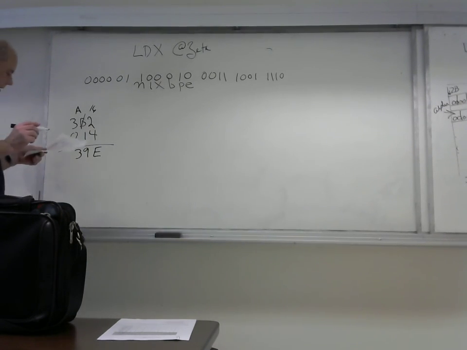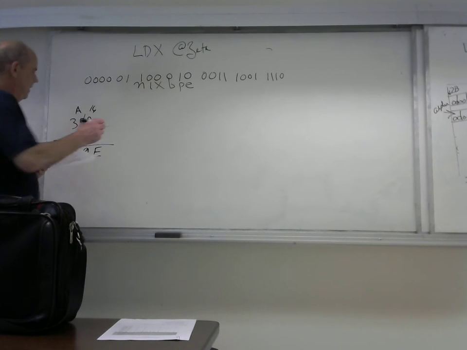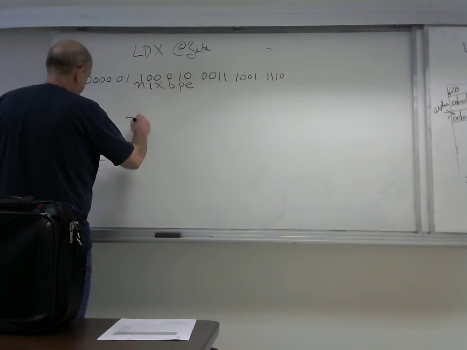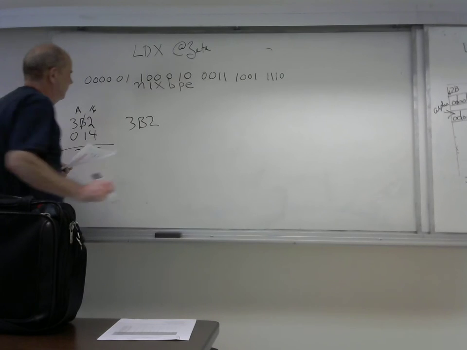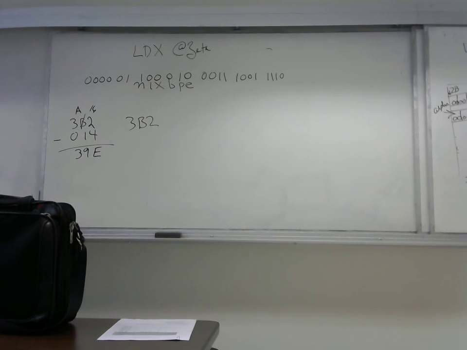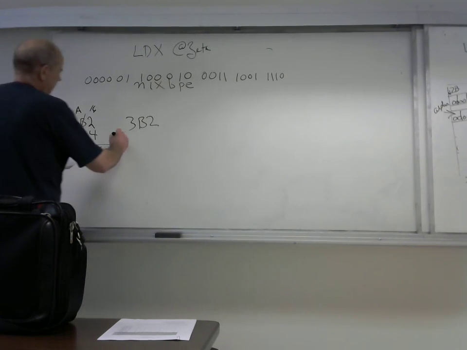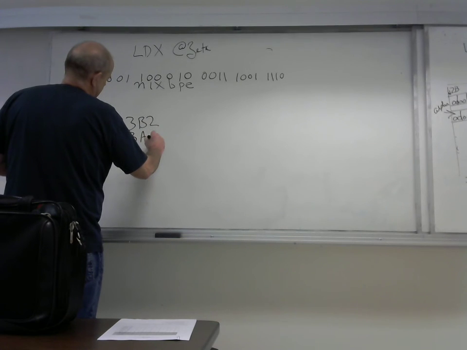We still have destination minus the source. Well, the destination is zeta, 3B2, and the source is the base. No plus 3 here. It's just the base. So the base is delta, 3AF.